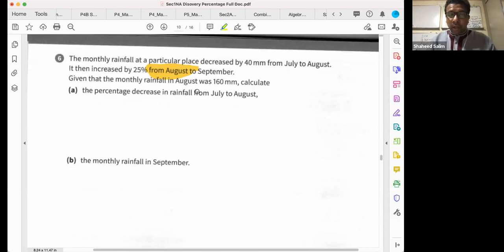Down here now, they ask you percentage decrease. Means you got to take July as 100%. Understand this. Hey, girls, you must understand this, boys and girls. The question is going to change the 100%, just like that. You see in the question now, at first they talk about 100% as August. Later on, they talk about from July to August. July is 100%. Down here, they say it increased 25% from August to September. Means August is 100%. September is 125%. 100% can change. You must understand that.